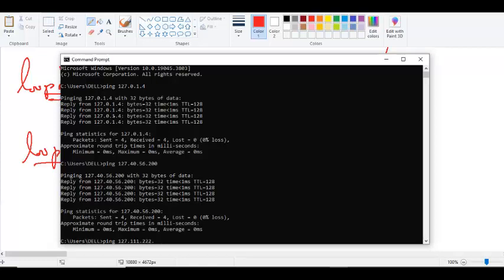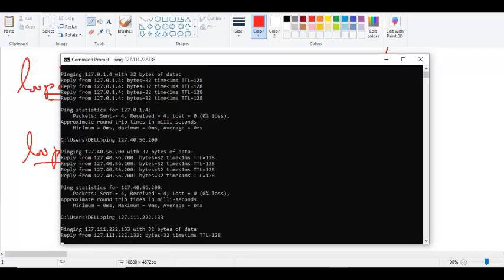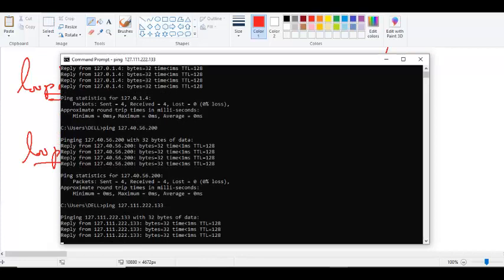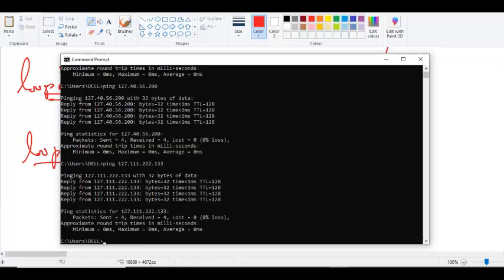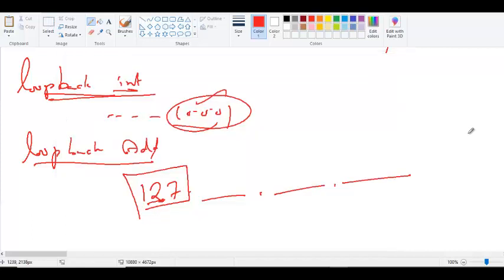Every operating system on earth, it may be Cisco's operating system or Windows or Linux, they all abide by a rule. They follow a standard. In that standard, they said 127 is a loopback address. The entire 127 range is given for loopback.